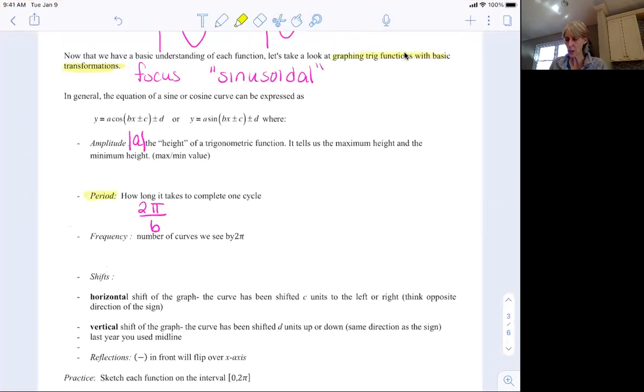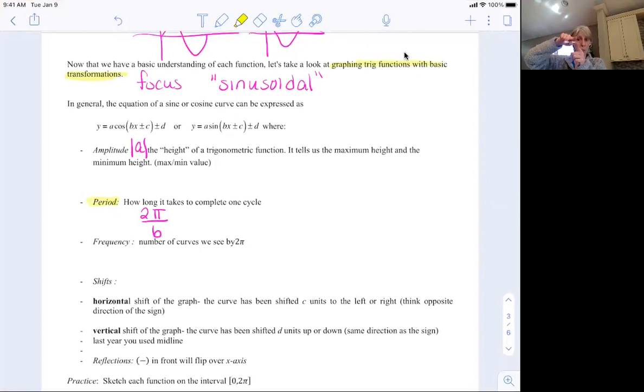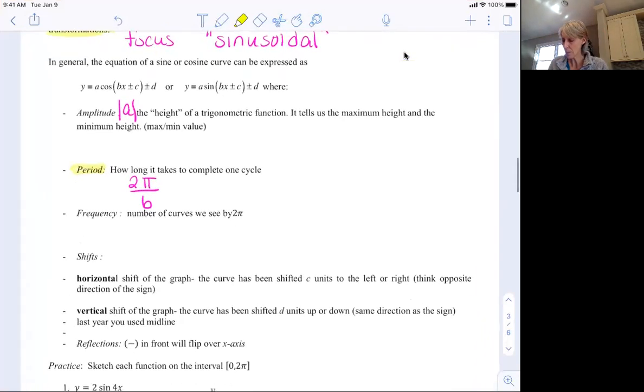In our basic function, when b is 1, we complete the cycle in 2 pi. When we change that b value, we change how long it takes. We stretch it, or we can smush it together. And that b value is our frequency. It tells us how many curves we see by 2 pi.